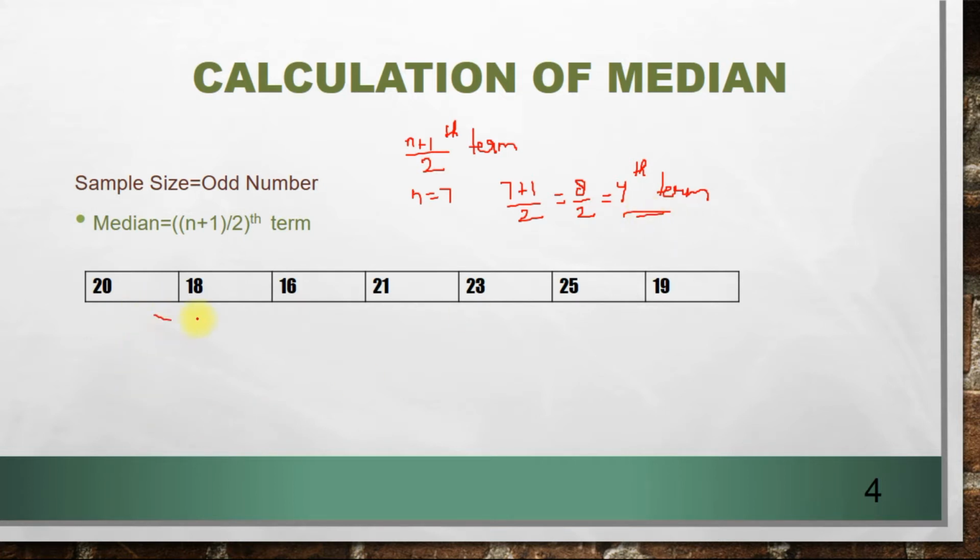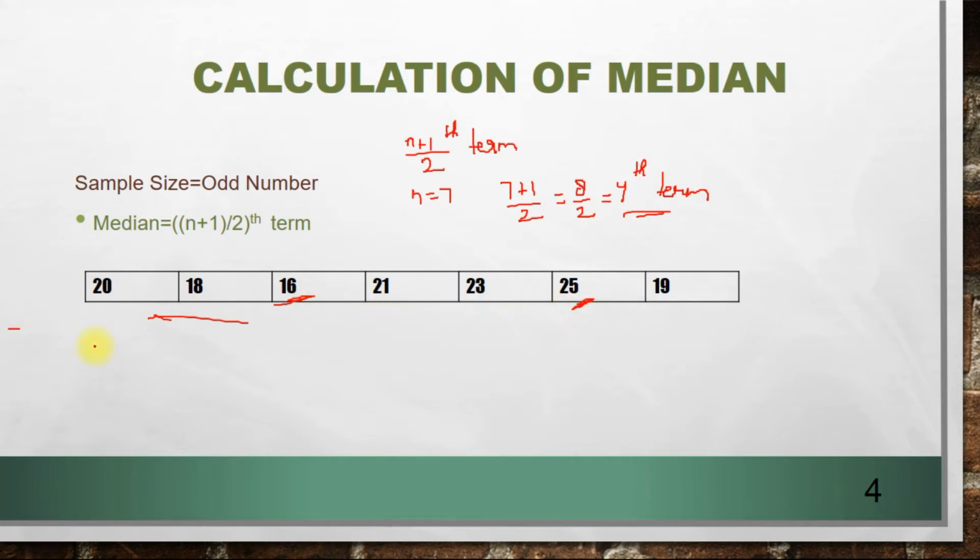But our data is not arranged in any order. It's neither in ascending order nor in descending order. So we have to arrange our data in ascending order. Here the lowest value is 16 and the maximum value is 25.